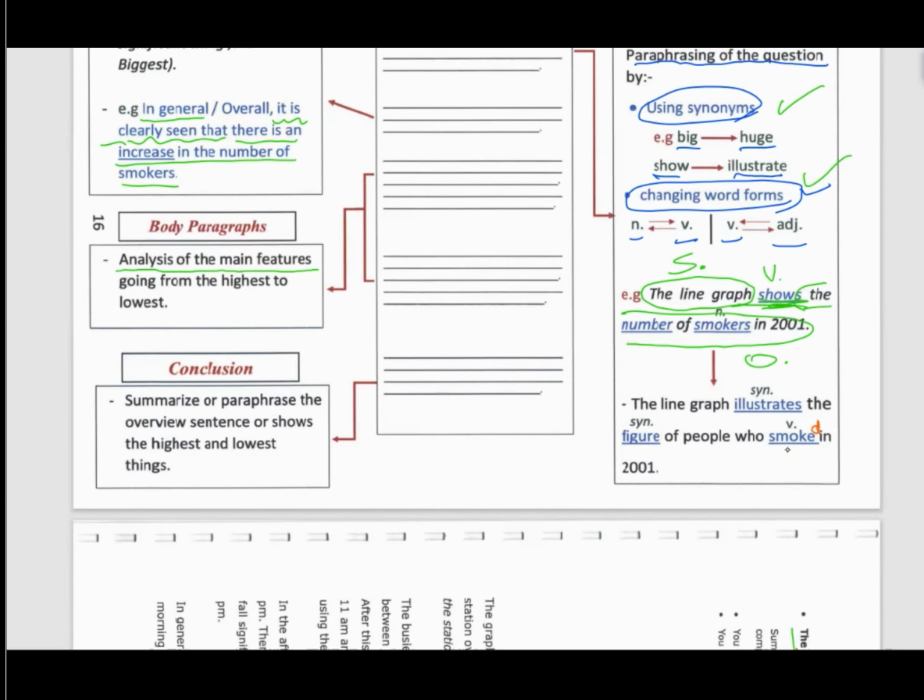Then you compare, you can put 2 things in one sentence in which you compare and contrast between them. So going from the highest to the lowest, or the biggest to the smallest. This is how you analyze the data in the body. You do not start from smallest to biggest. No, it should be from the first biggest change, then to the second biggest, to the third biggest, till you reach the smallest, as we are going to see.